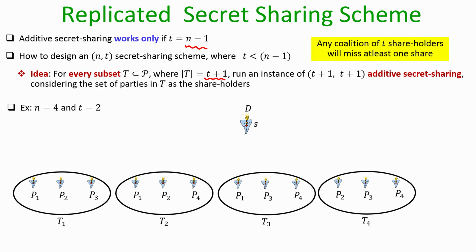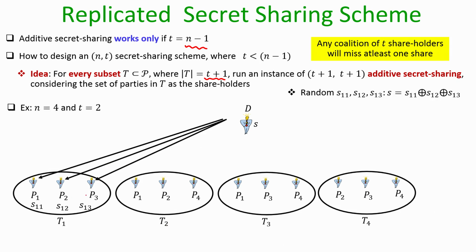Now, in the first subset, the dealer considers P1, P2, P3 to be the shareholders, and it runs an instance of an additive secret sharing scheme, but considering only the parties P1, P2, P3 to be the shareholders. Namely, the dealer picks random shares S of 1 1, S of 1 2, S of 1 3 such that their sum is equal to the secret S, and the shares are given to the respective shareholders P1, P2, P3.